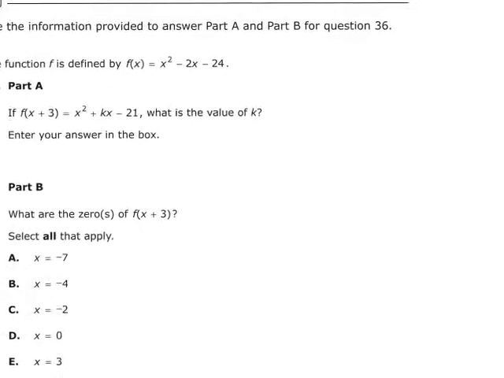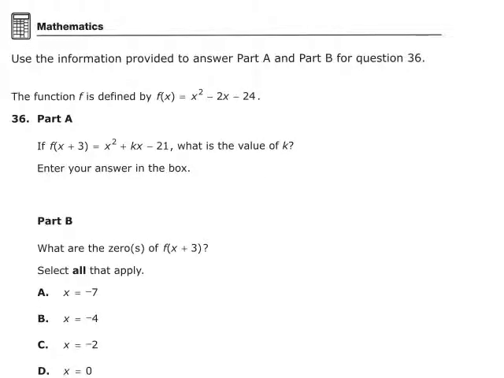So you need to know what your vertex is. We know what the y-intercept is. It's here. The vertex, if you figured it out, is negative b over 2a.